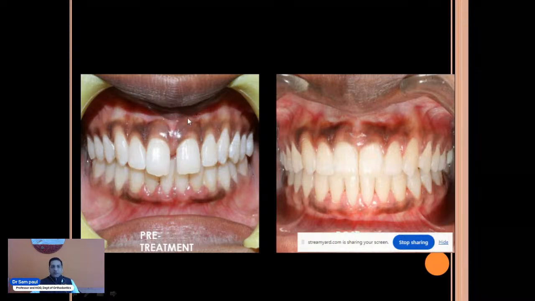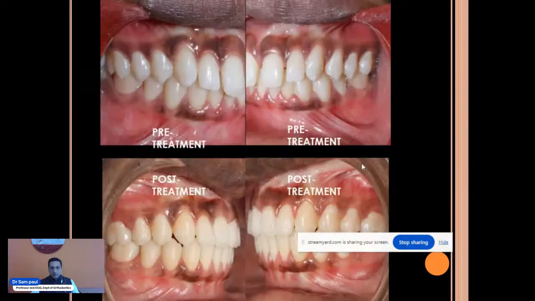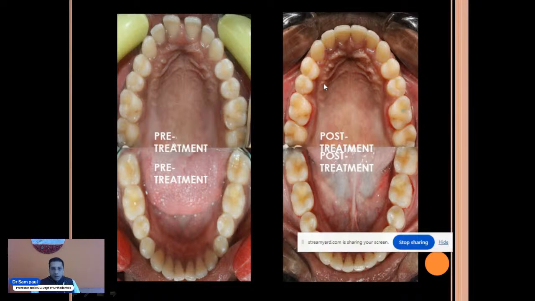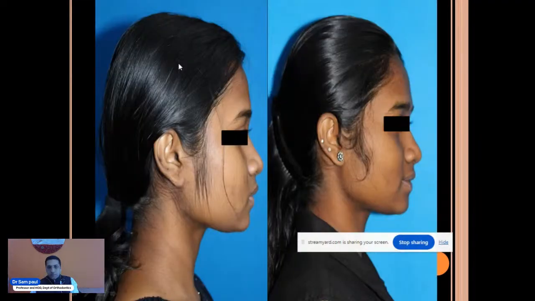So the frenectomy was done prior to the treatment, and then the aligner treatment was carried on, and this is the post-treatment result. Here you can appreciate a well-aligned arch, with all the spaces closed. And here you can appreciate the extraoral view.